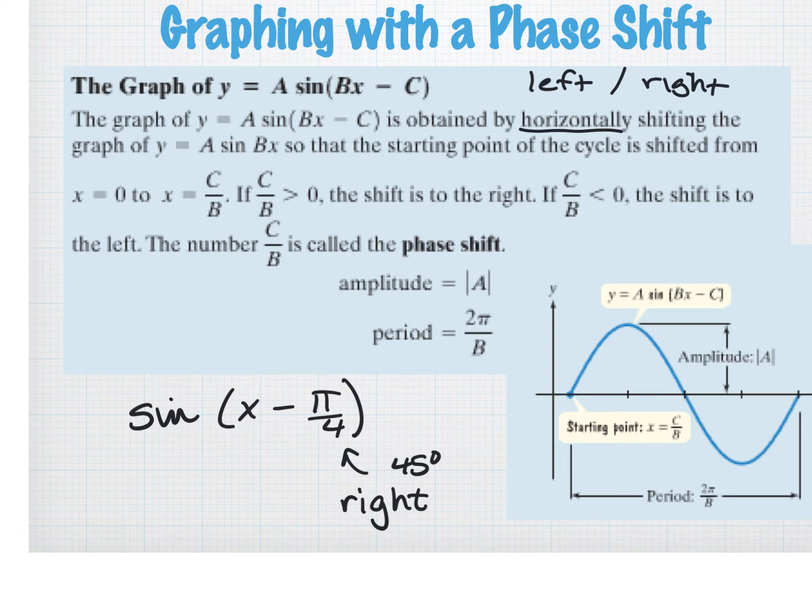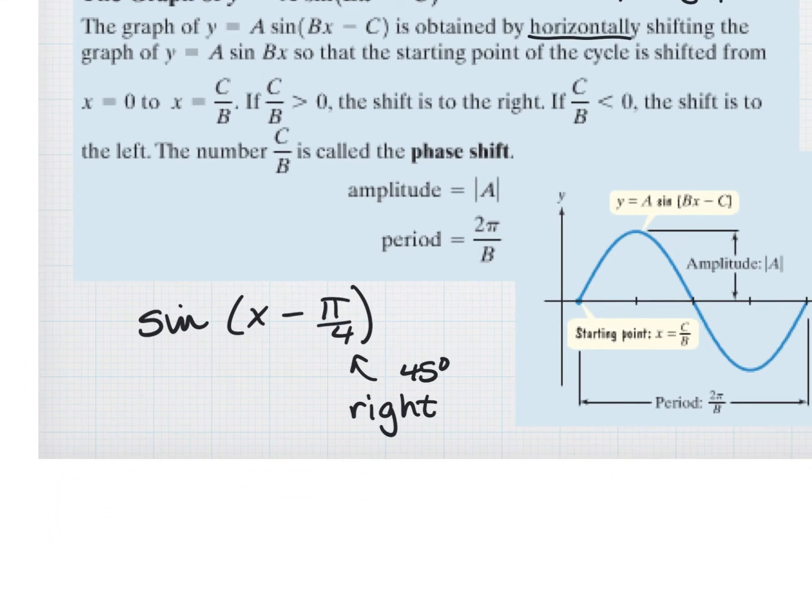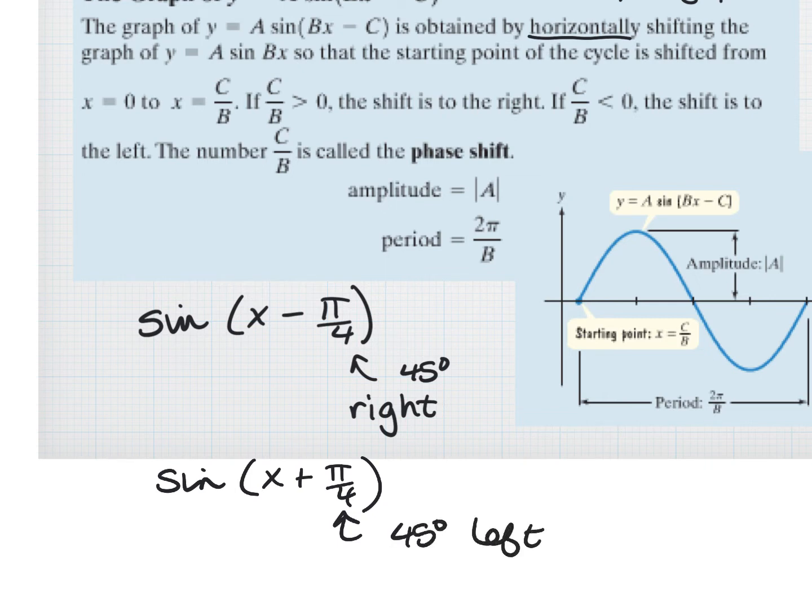That will be our new starting point. And if it had sine of x plus pi over 4, this would have been shifting it 45 degrees to the left. And again, you don't need to convert it to degrees. Just leave everything in radians.